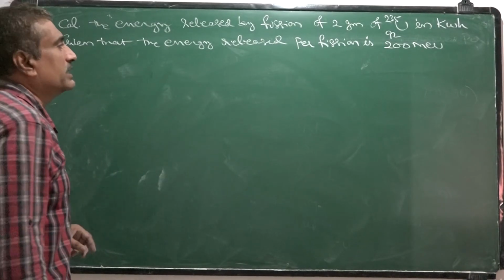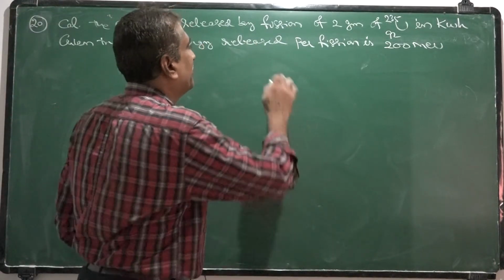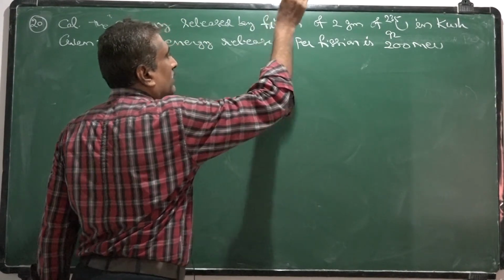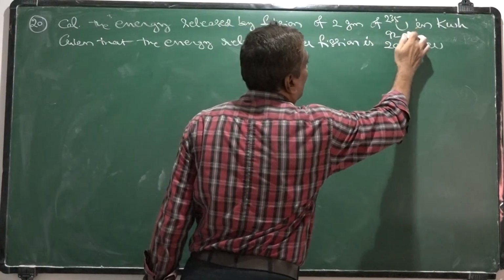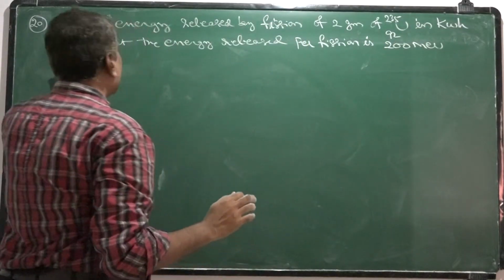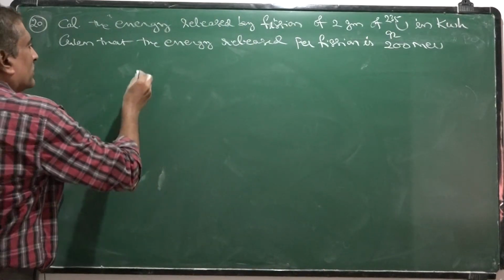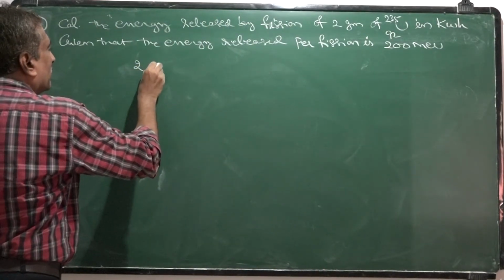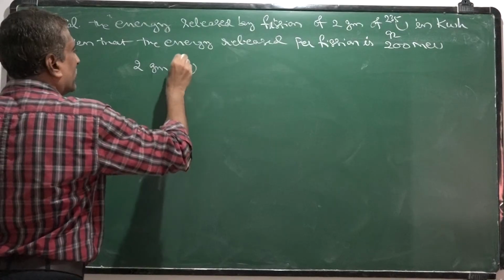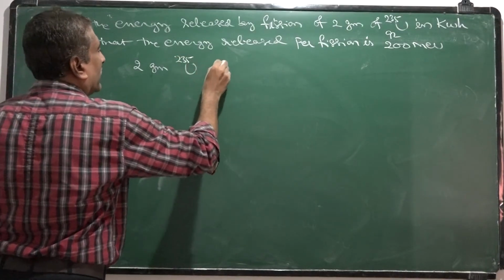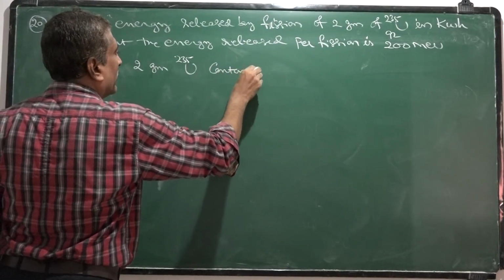Calculate the energy released by fission of 2 gram of uranium-235 in kilowatt hour, given that the energy released per fission is 200 MeV. So actually 2 gram of U-235 contains how many number of atoms?